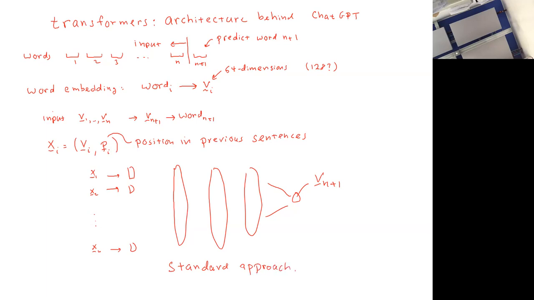And transformers just make one small twist to this. Rather than putting in xi, they do something a little more clever, and the input is oi.